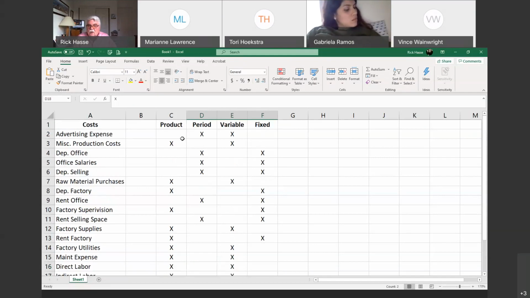What are product costs? What are period costs? What are variable costs? What are fixed costs? Because the fixed costs, especially when they have to do with product, are manufacturing overhead. The fixed costs that have to do with period are administrative overhead. These are costs that are not going to change no matter if you produce 1 unit or 10. So it's good to isolate those and know what they are.